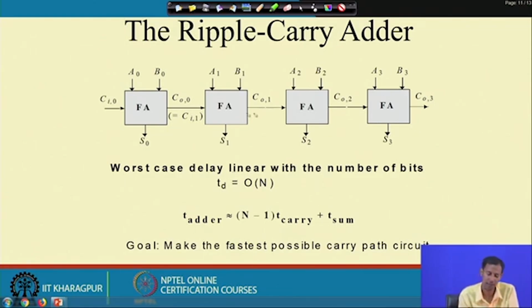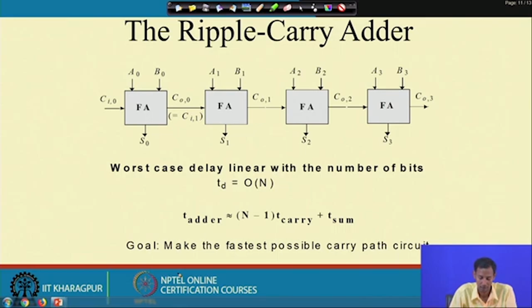If I increase the number of bits, instead of 4 bit, if I consider 8 bit, the worst case delay will increase linearly. If I increase the number of bits, the delay will also increase. So, that we have already seen.